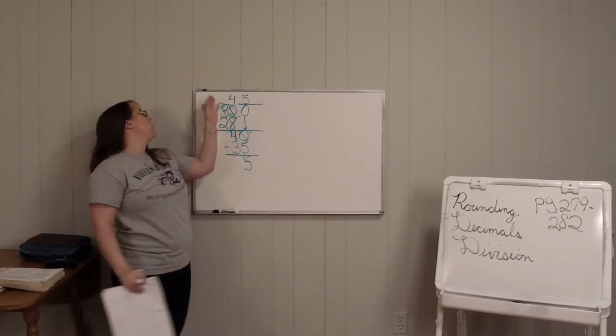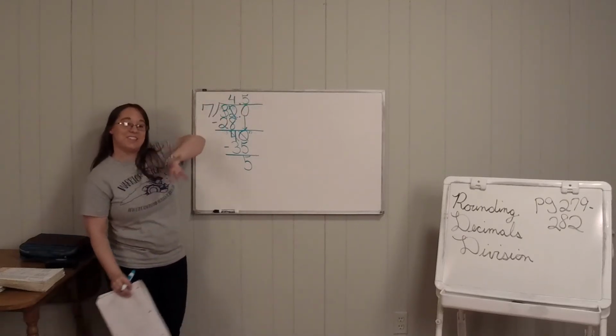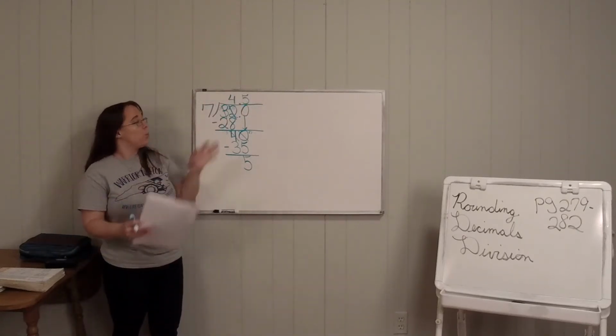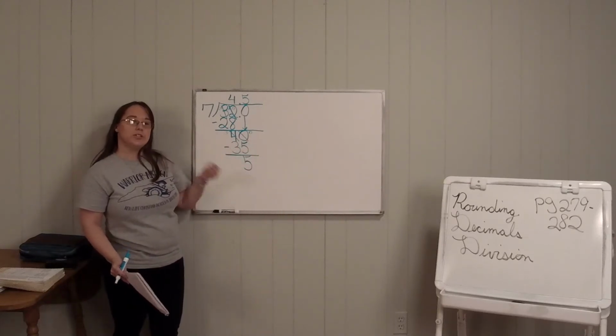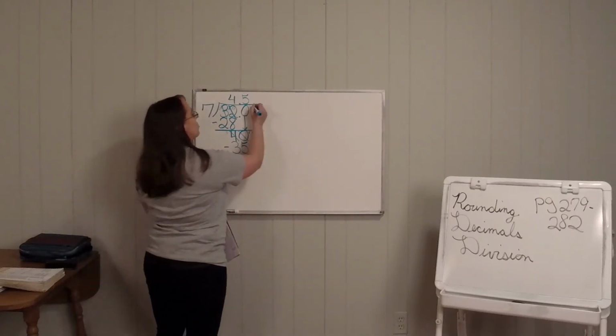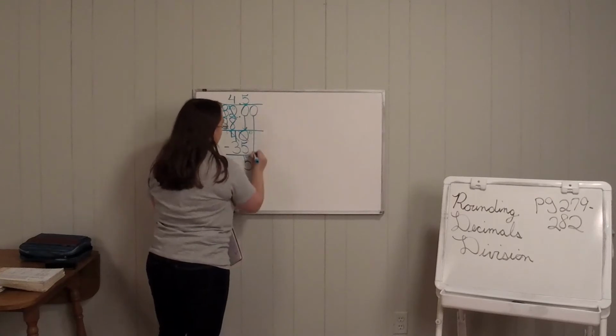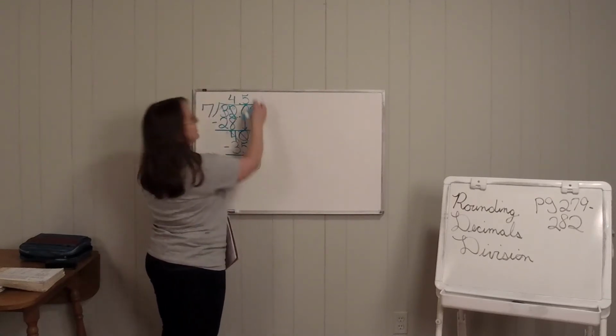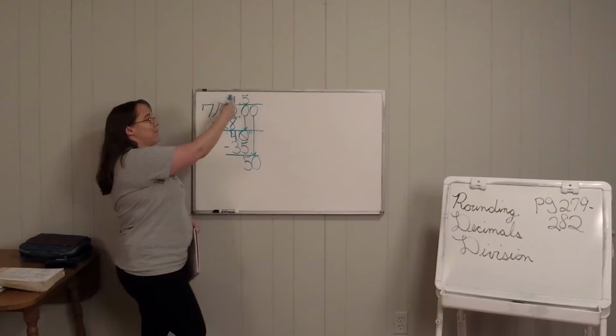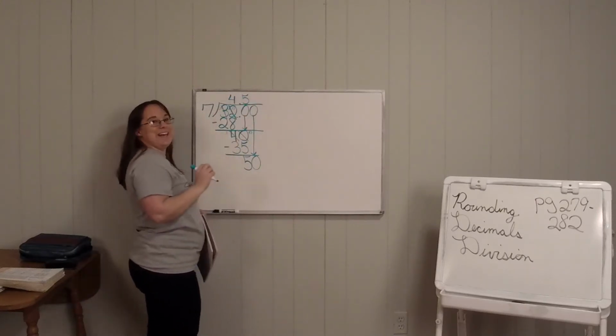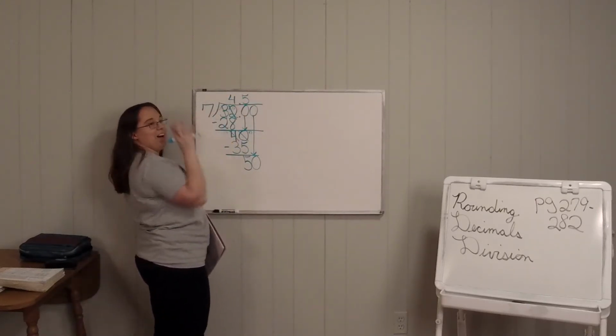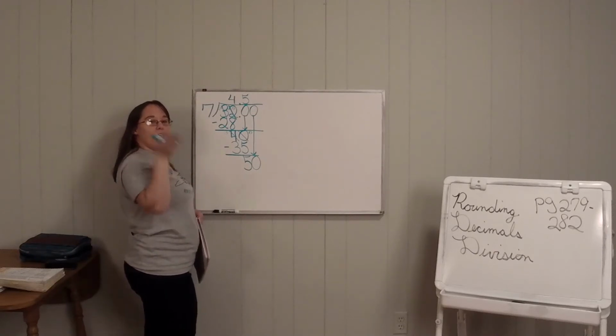Now, yes, we've gone to the tenths place, but it says when you're dividing and rounding to the nearest tenth, you also need to go to the hundredths place with your decimals, because right now we can't round that 5 up since we don't have anything beside it. So we don't know if that 5 is going to stay the same or round up 1.